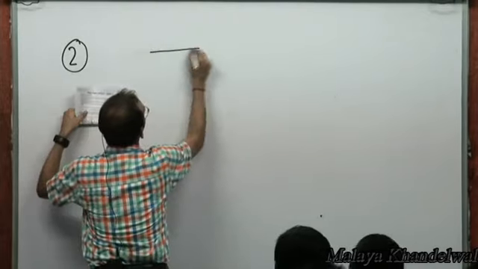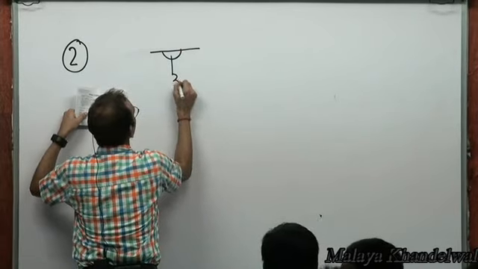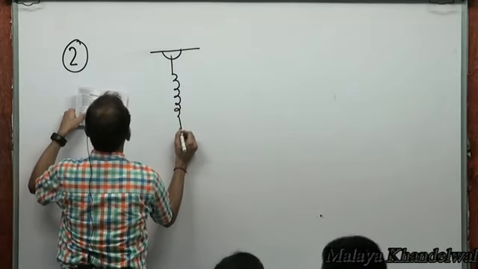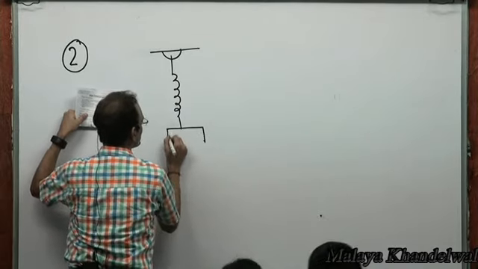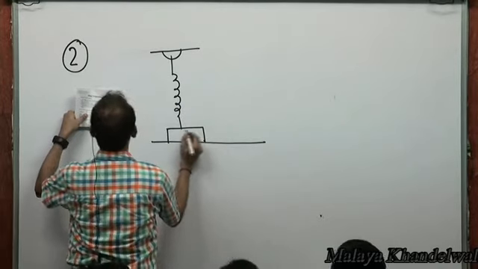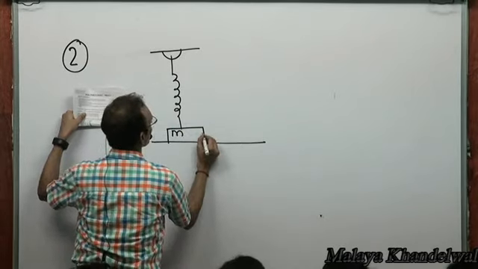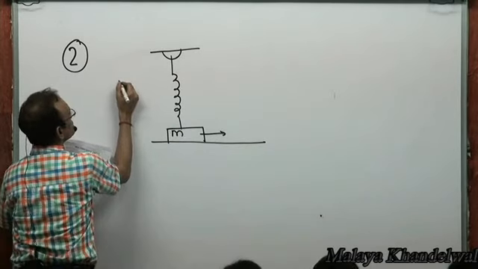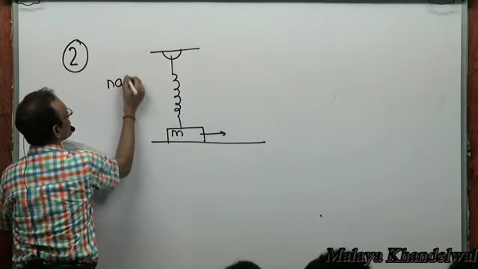So here we have a spring and there is a small block of mass m. The spring is in its natural state, uncompressed, unelongated, undeformed.